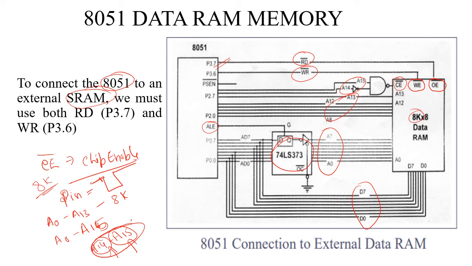So A14 and A15 are given to a NAND gate. These will always be 0, so the input to the NAND gate will always be 0, and the output of the NAND gate becomes 0. So the chip enable signal becomes enabled.